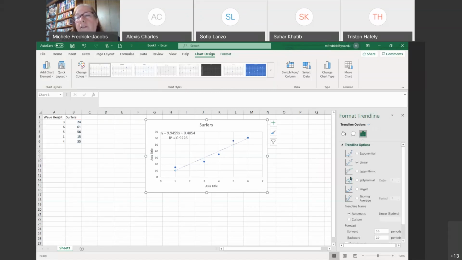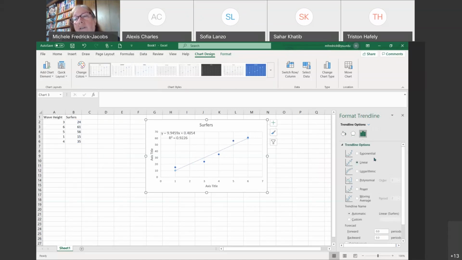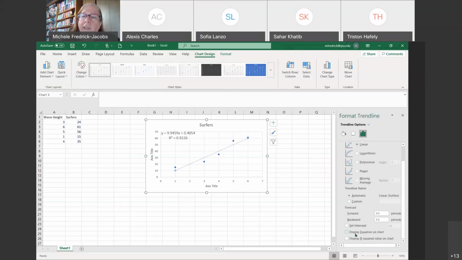And then this comes up. Now, depending on which one of these it's on, you want to make sure it's on the end one. So if it's on one of the other ones, just highlight it. Make sure it's on linear. And then go to the very bottom, and they're right here. So you click on both of them, and it brings them up.